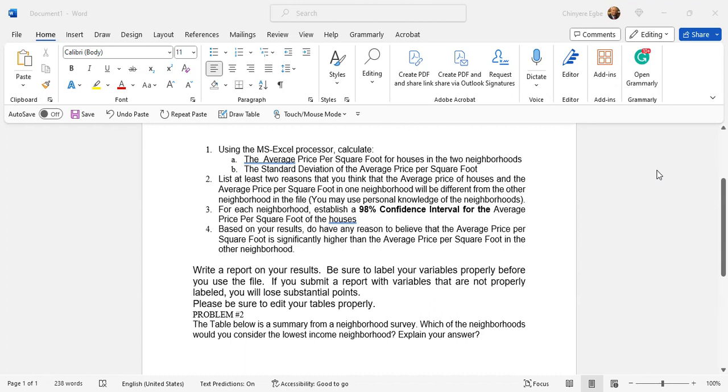Now, your interpretation must be based on the calculation that you made, not on your intuition about why the average price per square foot is different in one neighborhood from another. Aside from the confidence interval and the statistical result, yes, you can have a reason. You can have any number of reasons why the average price per square foot could be different from the other. But you are asked to interpret it in light of the numbers. That is the point we are trying to get across here. So let me bring this down.